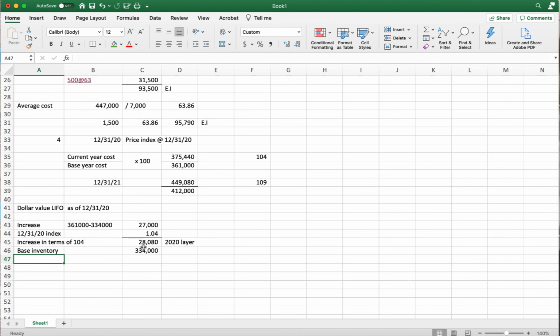I'm going to add these two together, and I get $362,080. This right here is my dollar value LIFO inventory.